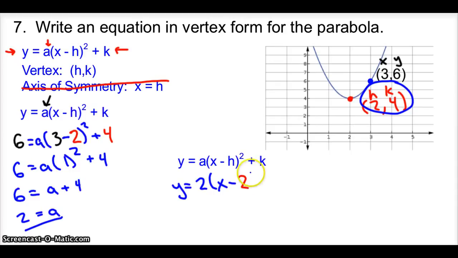Change it back to blue. I'm going to square that, and then again going back to our vertex, plus k. You'll always use your vertex for these.